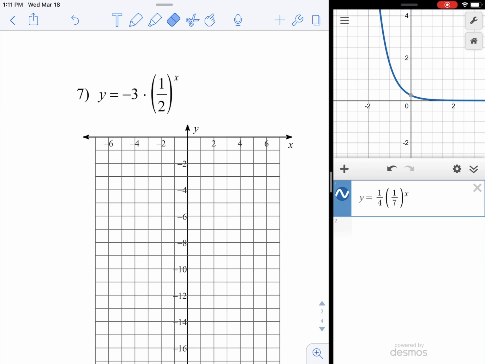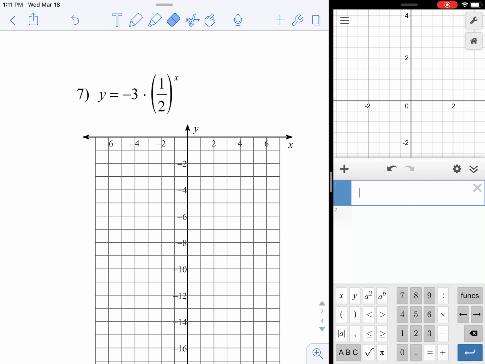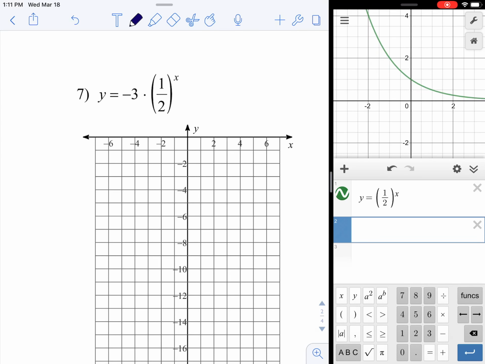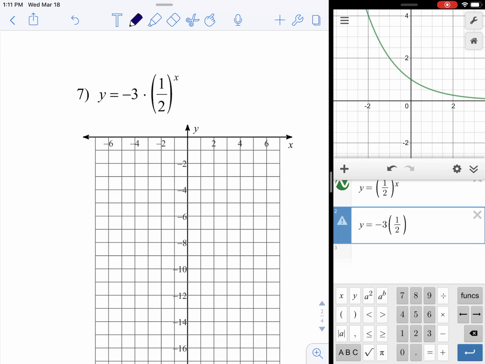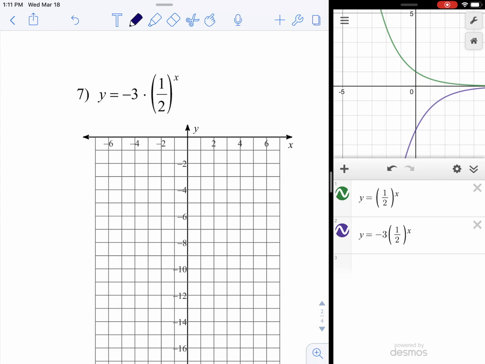If we graph this one, now we'll just go ahead and type in y equals 1/2 raised to the x. Oops, I really messed that up. Let's fix that. Raised to the x. So there's what it would look like if that 3 wasn't there. But if we introduce that coefficient of -3, it did a couple of things.